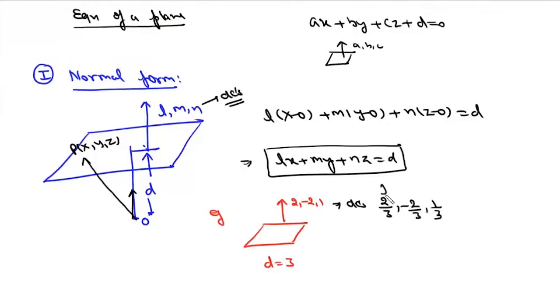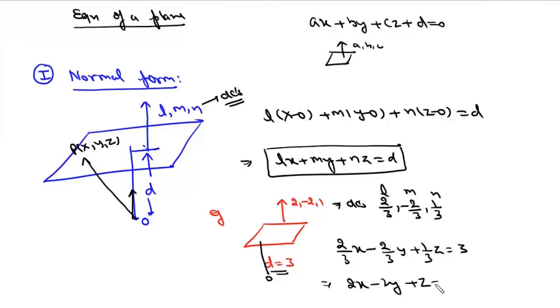So these are L, M and N, and that's our perpendicular distance from the origin. So this equation is 2 by 3 x minus 2 by 3 y plus 1 by 3 z equals 3, or we can write this as 2x minus 2y plus z equals 9. So this is the equation of the required plane.